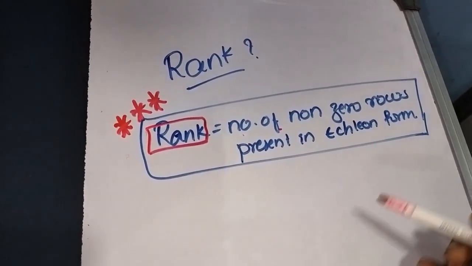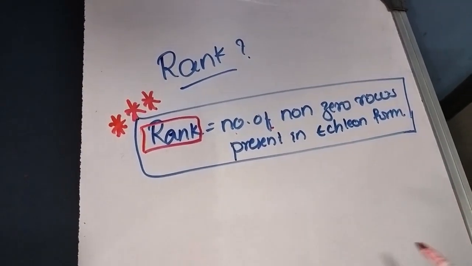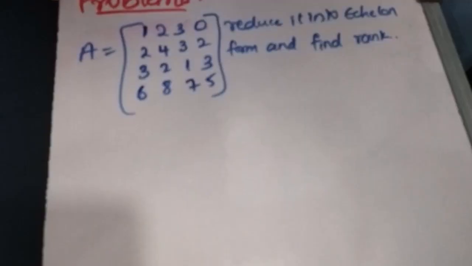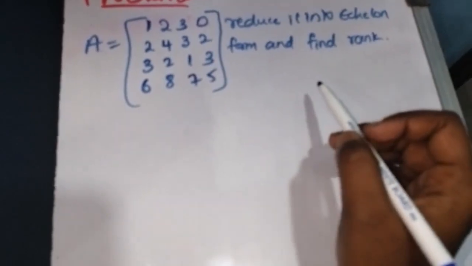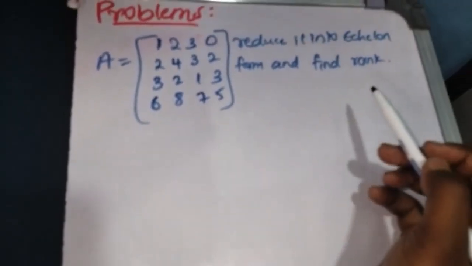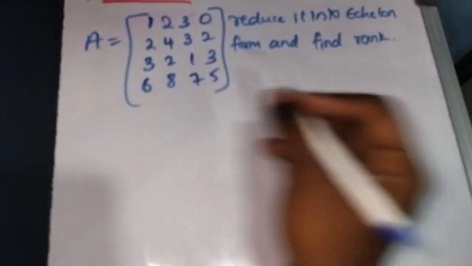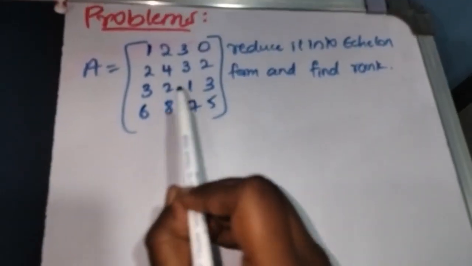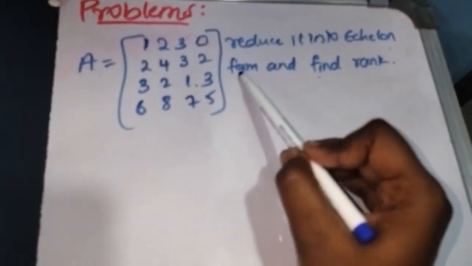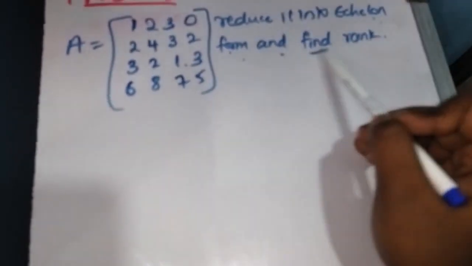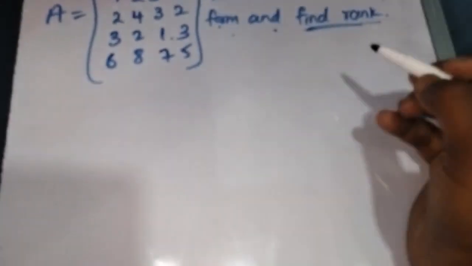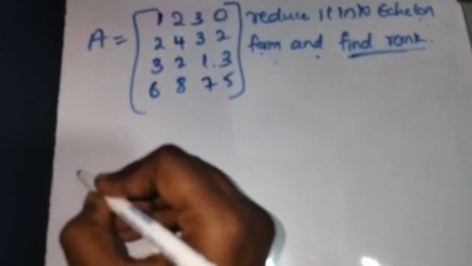Now let's have a trial on problems based on all the concepts we have learned. Let's go with the problems of matrices using echelon form. This is the given matrix. It should be converted into echelon form, and after conversion we need to find the rank of the matrix. So let's have a detailed solution of it.